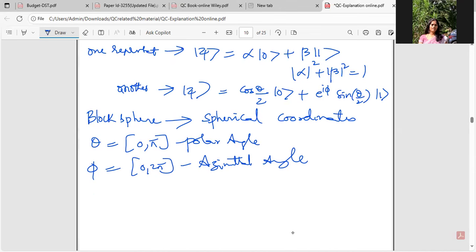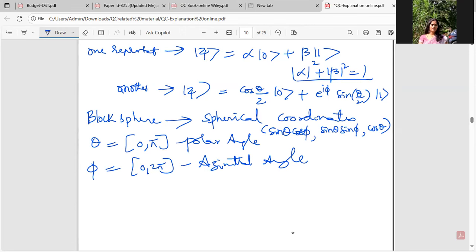Now, if I take the spherical coordinates, they are sine theta cos phi, sine theta sine phi, and cos theta. You can ask me, ma'am, what happened to r? I'm considering that the radius of the sphere is 1. So r is 1.